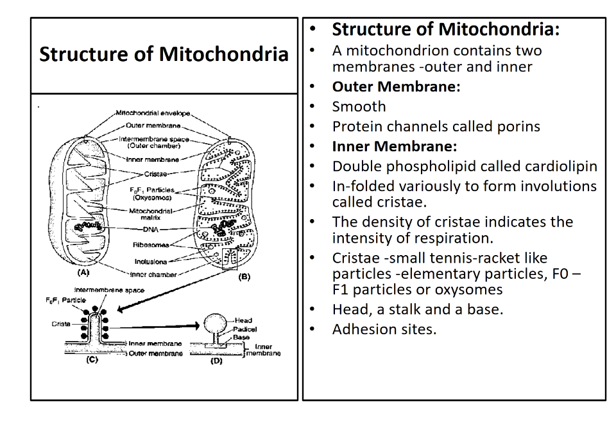This cardiolipin has 4 fatty acids, which makes the membrane impermeable to ions. The protein content is also high in the inner membrane, that is 70 to 75% of total components. The inner membrane is infolded variously to form involutions, called cristae.